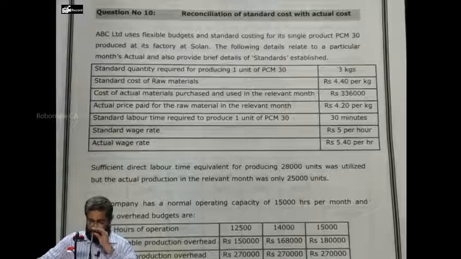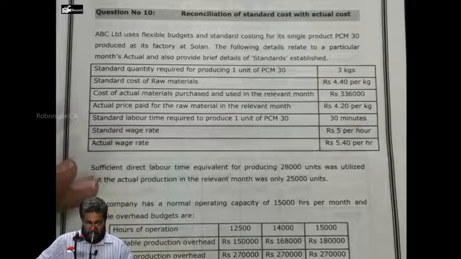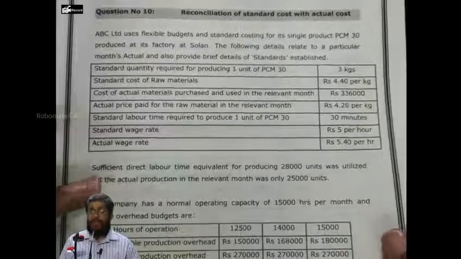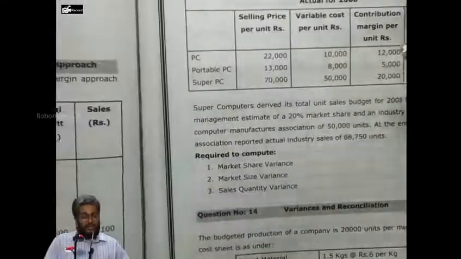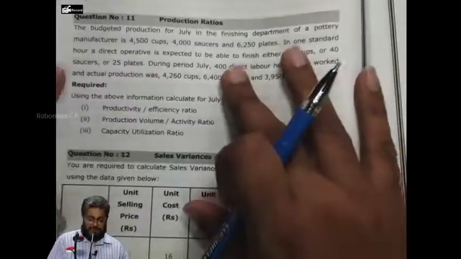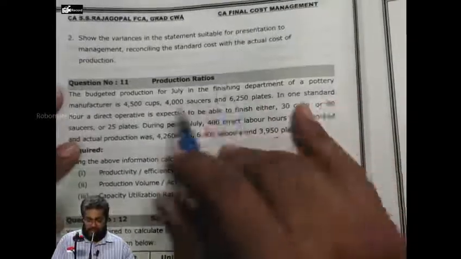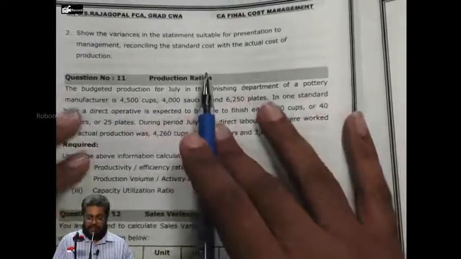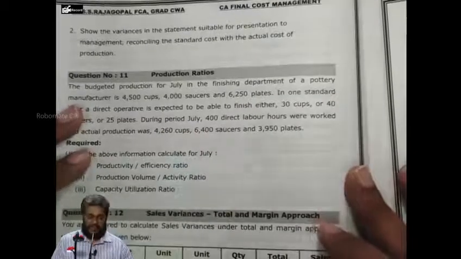However, the variable overheads incurred amounted to 1,60,000 in the concerned month. You are required to calculate the appropriate variances, material, labor and overheads. Show the variances in a statement suitable for presentation to the management, reconciling the standard cost with the actual cost of production. That's the question which has been given.